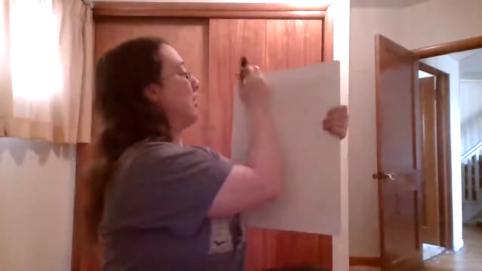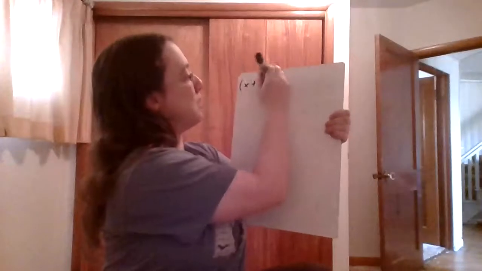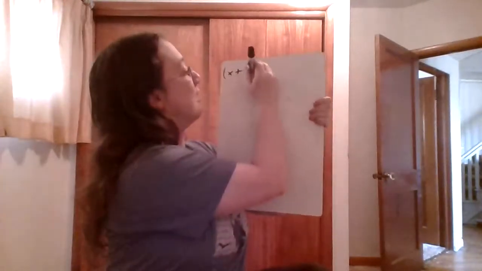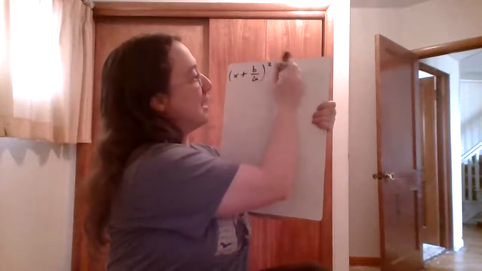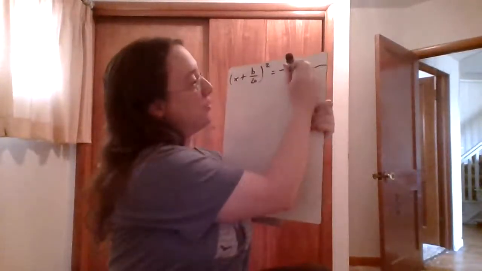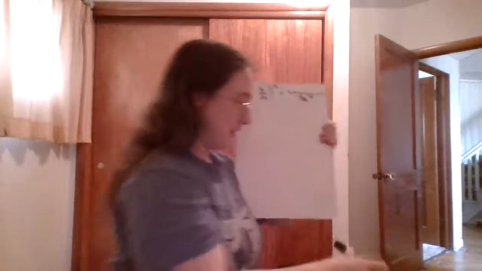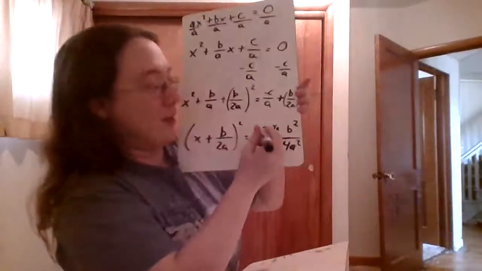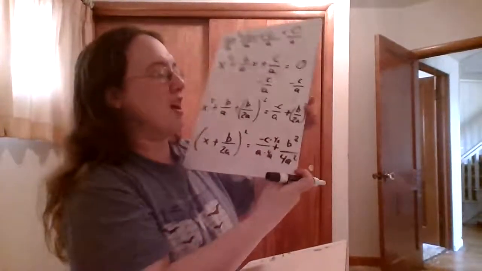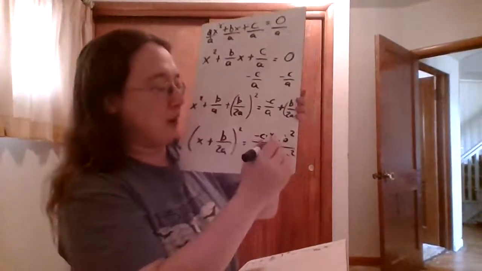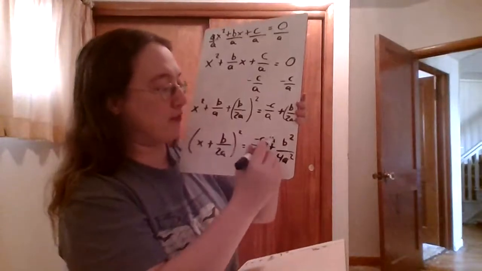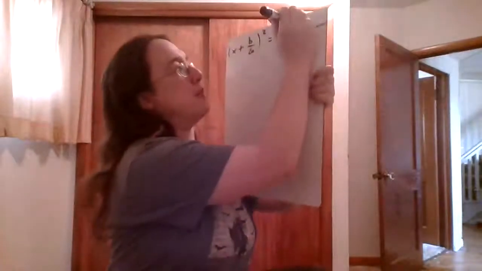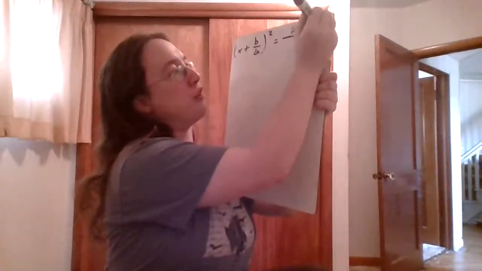So we still have our x plus b over 2a squared over here. And now we've got a 4a squared on the bottom. If we add that negative c times 4a plus b squared, I'm going to flip-flop that around a little bit and call it b squared minus 4ac.